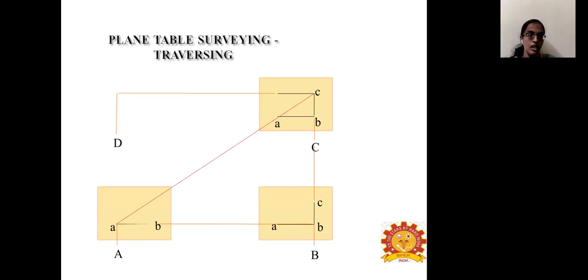And you have to check whether these are at right angles to each other or not. After this, we similarly mark the point D on the paper. So this is the way you can do the traversing method.